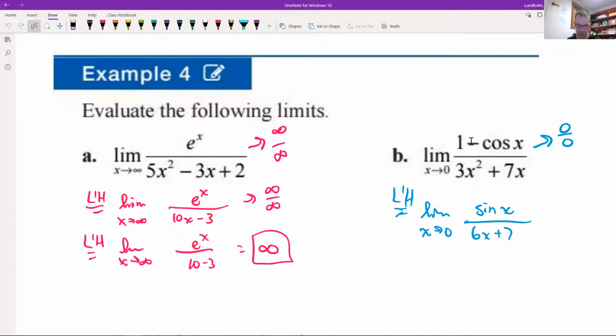Notice we should test to see whether this works. If we plug in x equals 0, we get 0 on the top and then 7 on the bottom. And so 0 is our actual limit there.